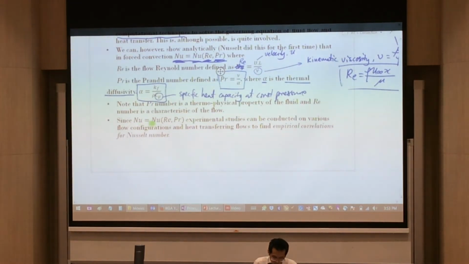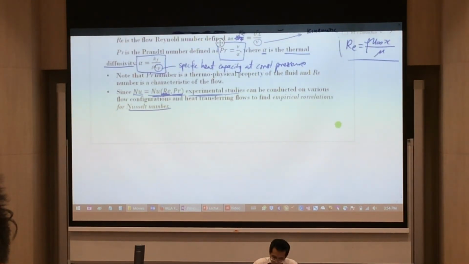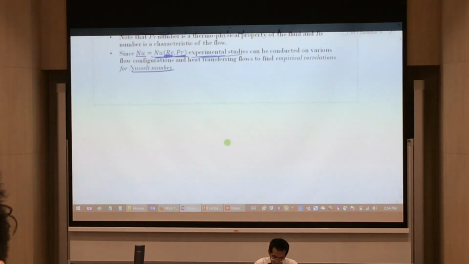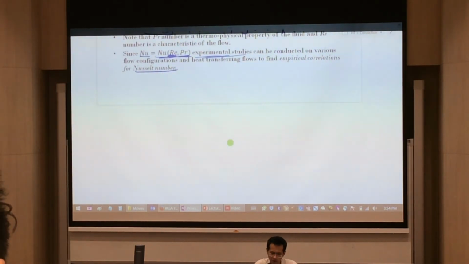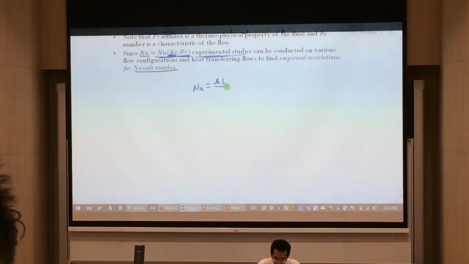So normally what we need to do is to conduct a set of experiments with Reynolds number and Prandtl number in order to decide what is the Nusselt number. But I just want to spend this stage to tell you physically what is Nusselt number. Nusselt number is H L over K. We know that's the formula for Nusselt number.